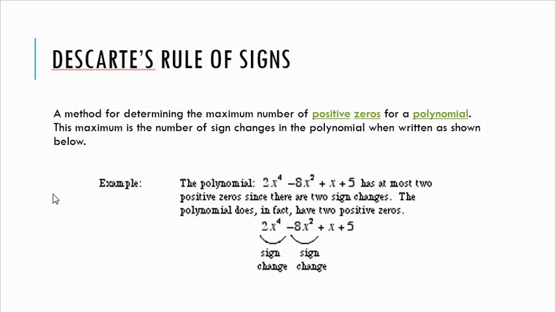negative zeros. Another key thing to remember when using Descartes' rule of signs is to make sure that you write out all of your terms. For example, say I had negative 2x to the third plus x plus 2.